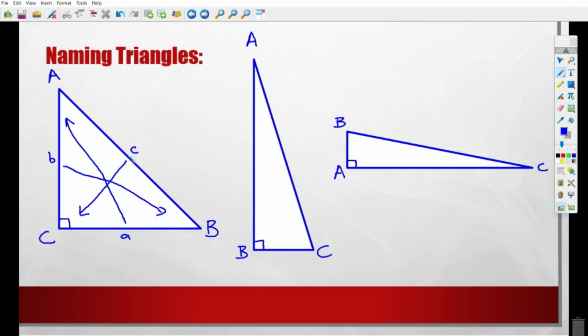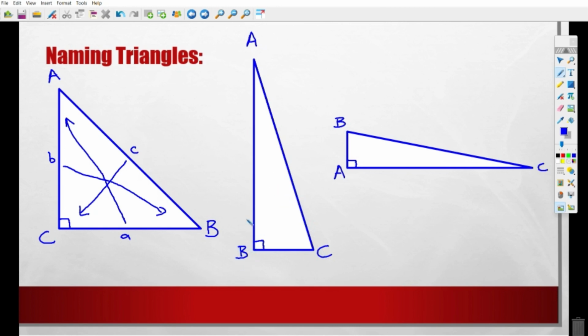I'm just looking at the angle opposite the side, and whatever that angle is, the side is just the lowercase letter of that angle. So if we look at this triangle over here, what is another name for AC that I can give? I look at the angle opposite.